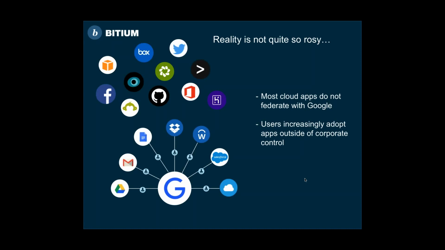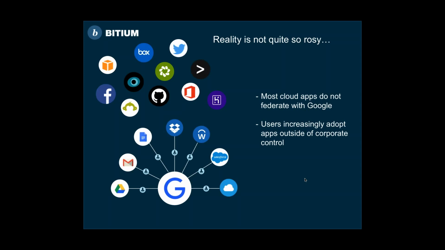Sometimes they're social media accounts, like your Twitters, your Facebooks, your Instagrams, which really aren't going to cede control over to Google because there are business reasons why they want to remain independent. You have developer-focused applications that aren't going to necessarily federate in that manner. You've got marketing-oriented applications like SurveyMonkey or Bitly that also aren't going to have that same sort of Google plugin.